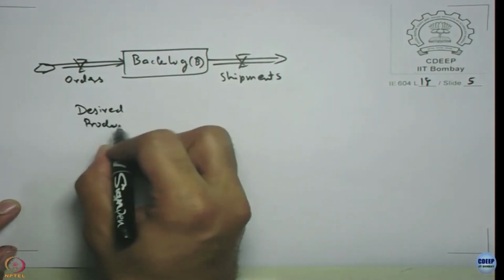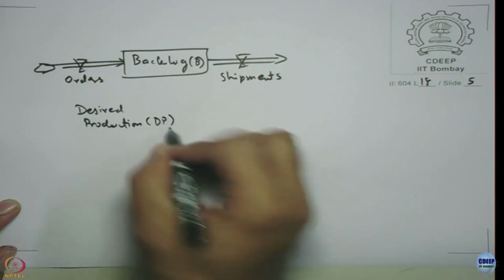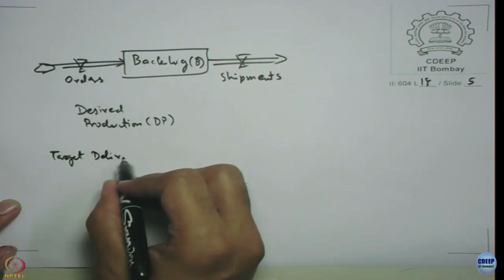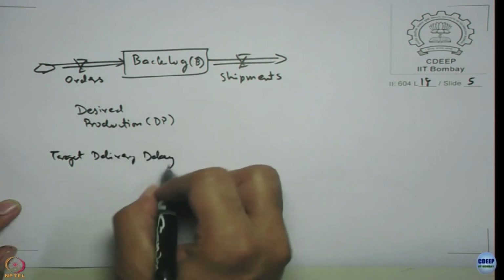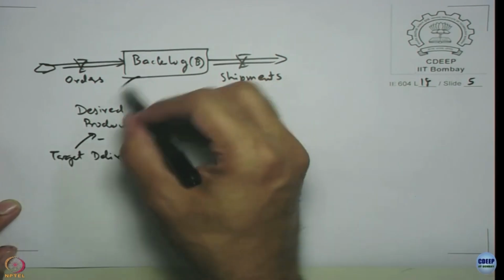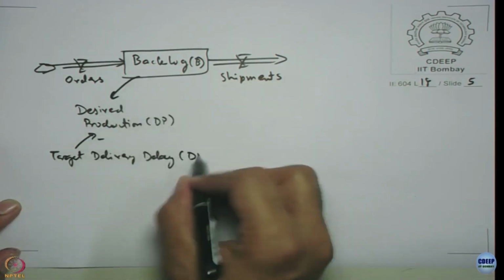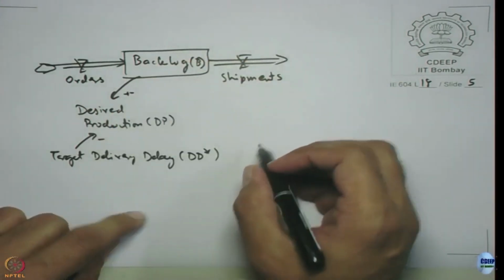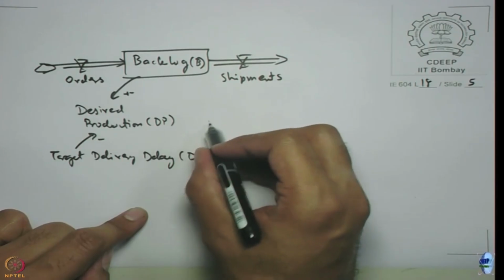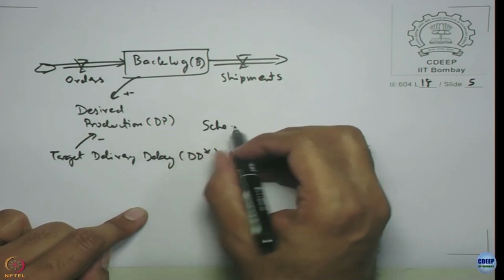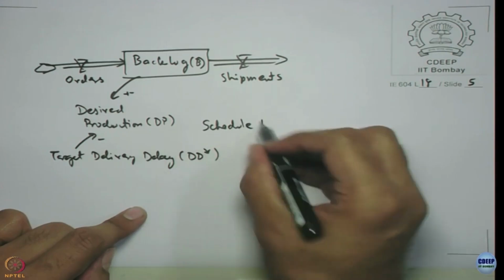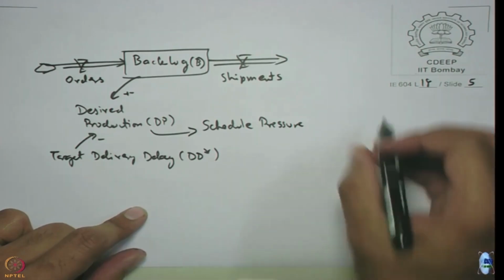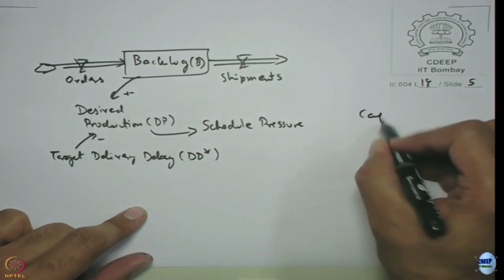Desired production, target delivery delay, and we are defining a new variable called schedule pressure. This is a function of that as well as the capacity.